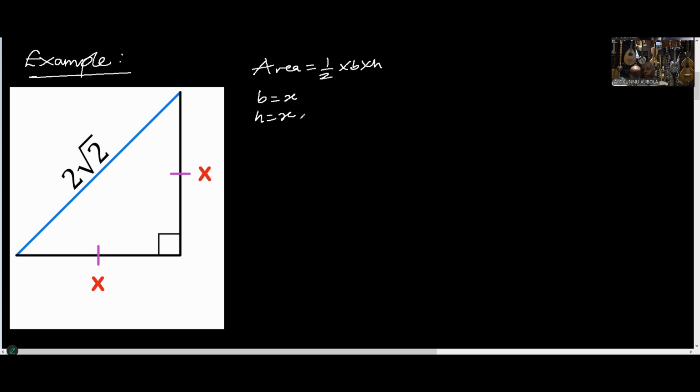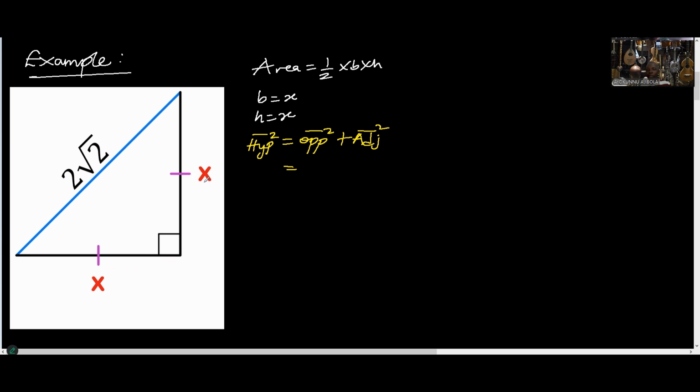If they're going to be equal, let us see how to find the height from the Pythagoras theorem. Pythagoras says that hypotenuse squared equals opposite squared plus adjacent squared. So whatever the opposite or adjacent is, they're just the same.